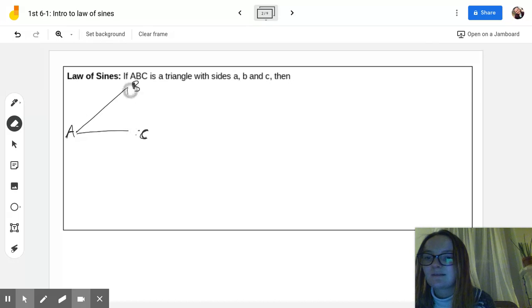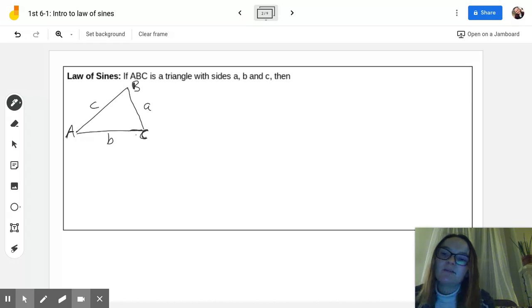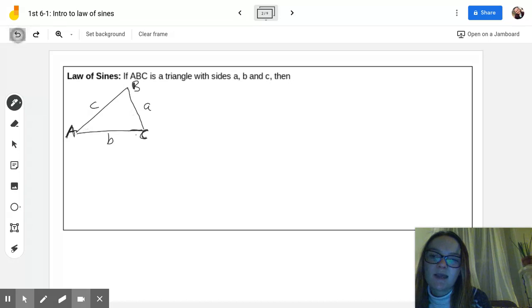So let me make this look a little bit different so we know for sure this is not a right triangle. There we go. All right, so we can say that this here is C, this is B, and this is side A. Notice how capital angle A corresponds to its side that's directly across from it, lowercase a.